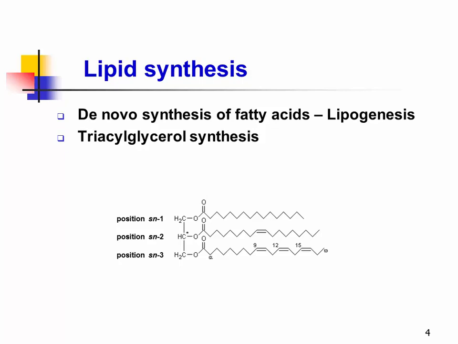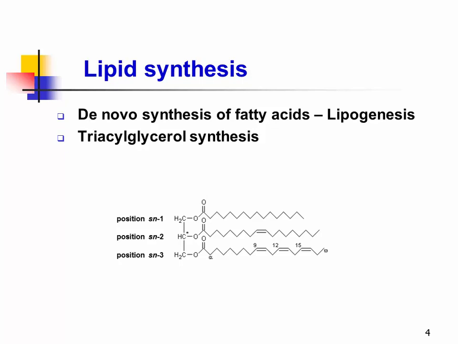So now let's start talking about synthesis of lipids. I want you not to be confused: fatty acid synthesis versus triglyceride synthesis. They are actually two different concepts. For fatty acid synthesis, we start from acetyl-CoA, a very small molecule.